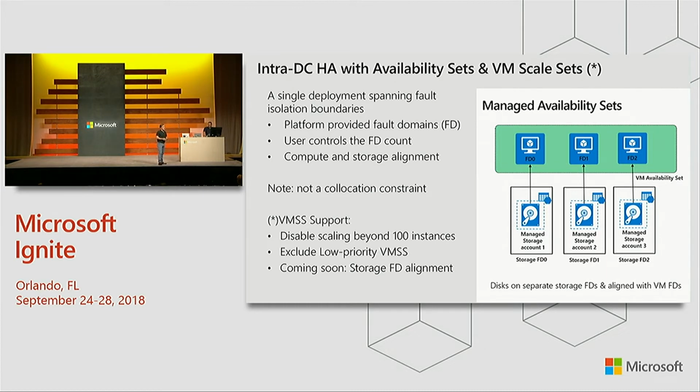In other words, if you have two fault domains, this means that disks for VMs from those two fault domains are actually served from two separate storage stamps, okay, within the same region and the same zone. So with availability set, you get fault isolation for both compute and storage within the data center.